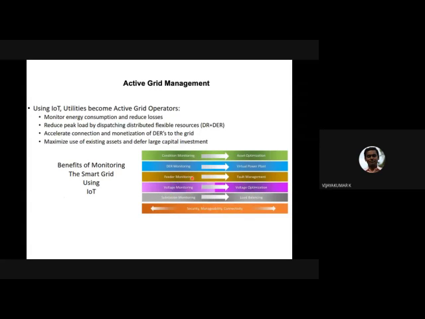Feeder monitoring, voltage and everything, so you can manage faults, voltage optimization and frequency optimization. Substation monitoring lets you do load balancing. By having all this, you can have a very secure, manageable and connected network. That will be called a smart grid.